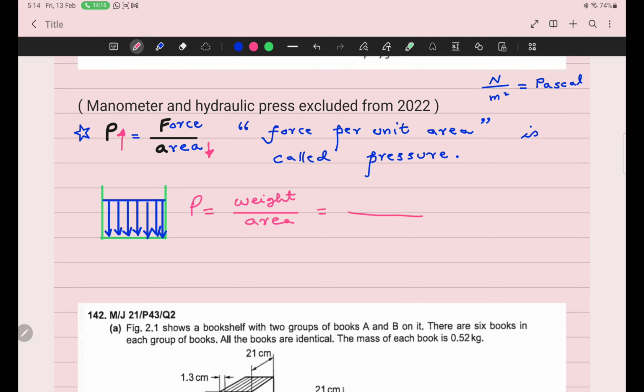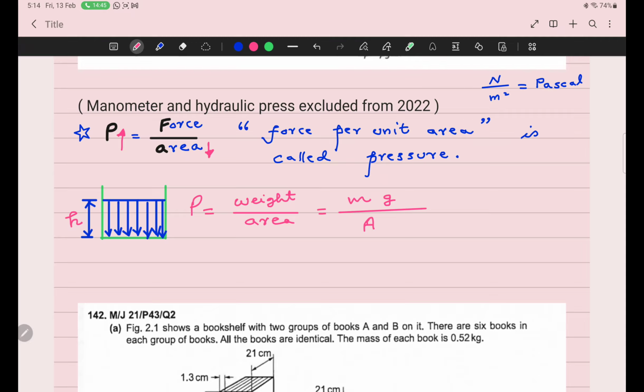Number two, I am deriving a formula, although this formula derivation is not in your course. Weight is equal to mg, and area is capital A. But if I multiply with depth, I am not writing depth as d because d will confuse with density.